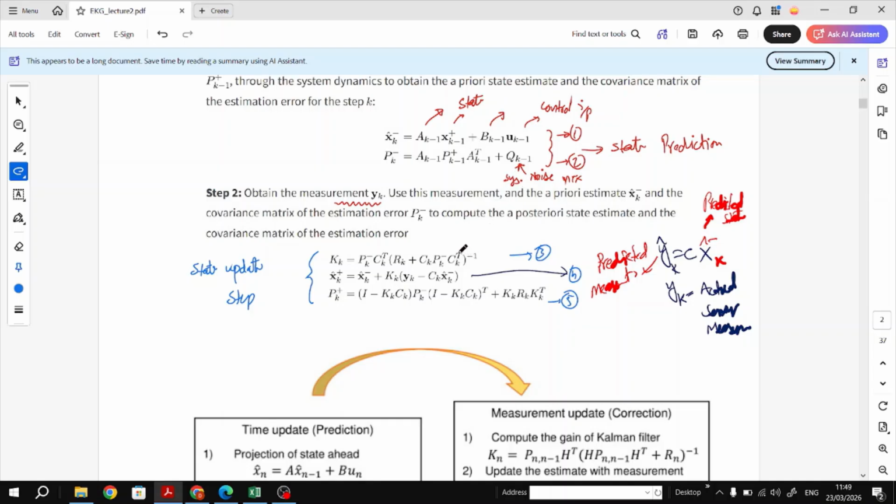Then in equation 4, you update your state prediction. You already have the state prediction from the previous step, and you add to that predicted state this term. What is this term? First you calculate the difference between the sensor measurement and the predicted measurement. The C x is your measurement model.